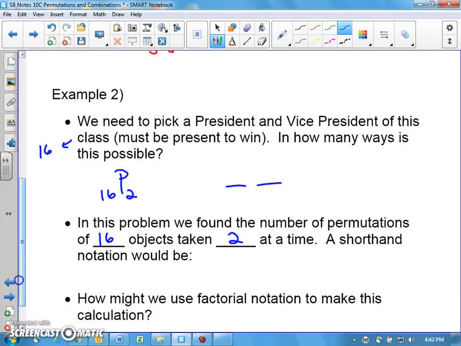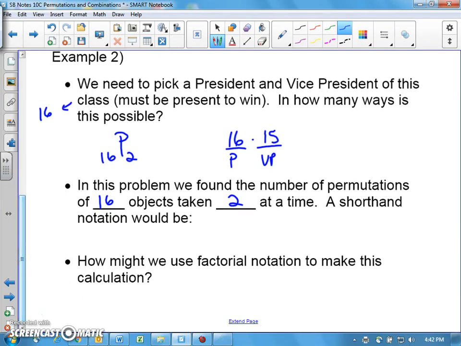So again, if I'm going to look at this in terms of the fundamental counting principle, I would have 16 ways to choose my president, and that would leave 15 ways to choose my vice president, because I can't have the same person for both. So how might we use factorial notation? This is a little bit different because I don't have 16 times 15 times 14 times 13 all the way down.